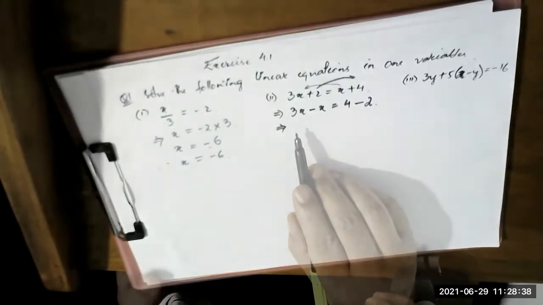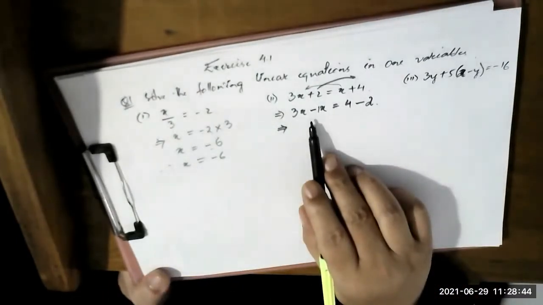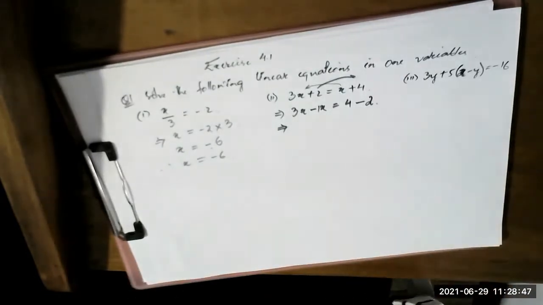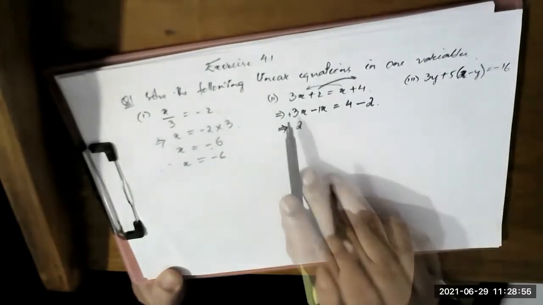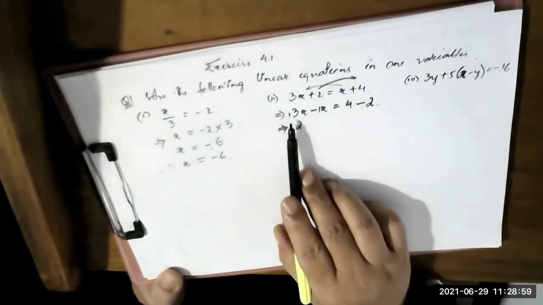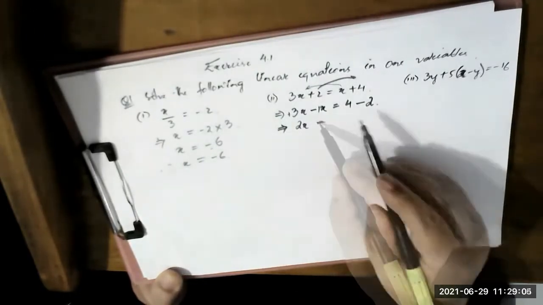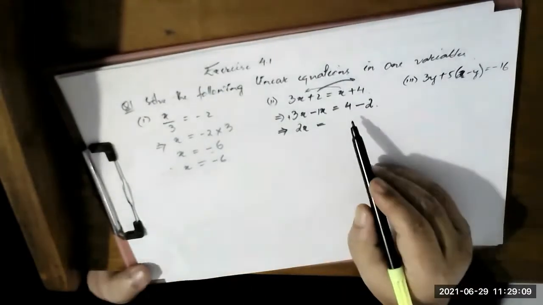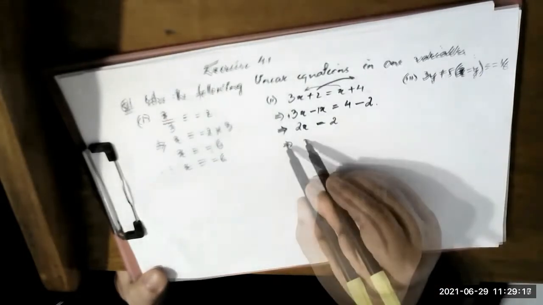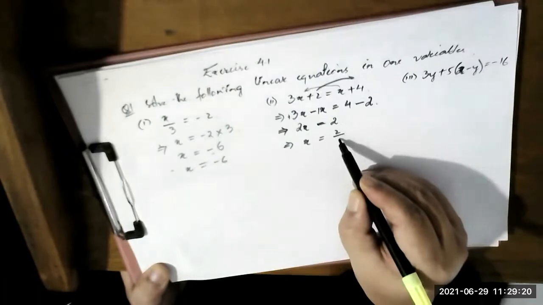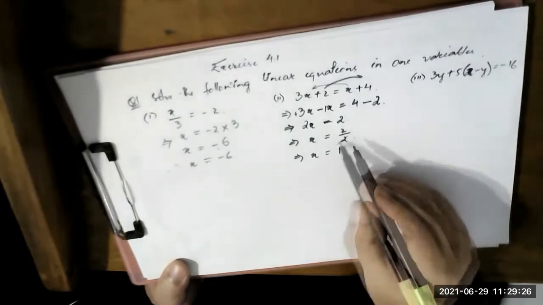Furthermore, if we solve it, there's 3x and 1x, and the sign is minus, so 3 minus 1 is 2, and the sign will be plus. The variable is x. On the right side, if we solve it, 4 minus 2 gives 2. And x = 2 divided by 2. This gives the value of x = 1.